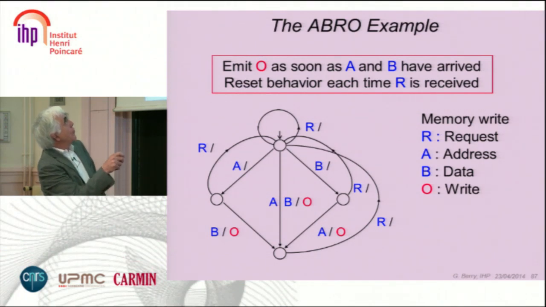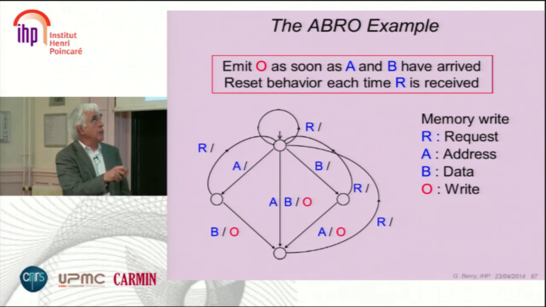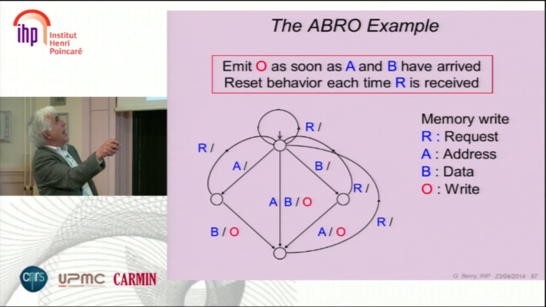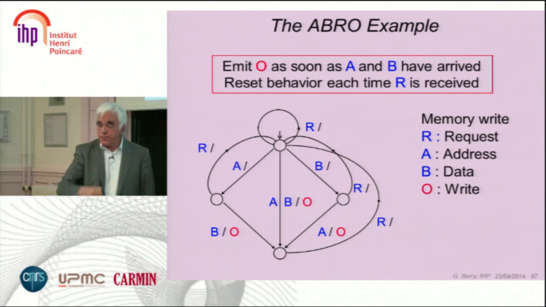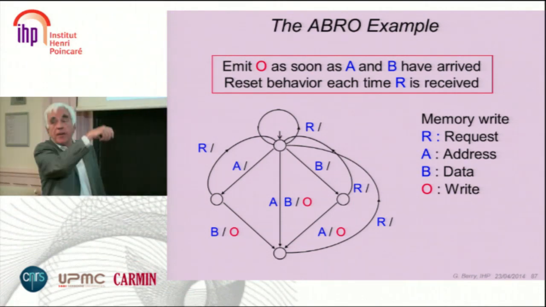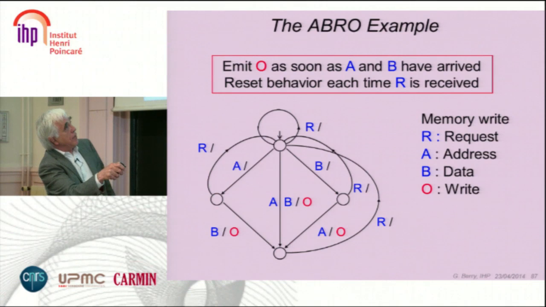Essentially, wait for the last of A and B, and then emit O in the same cycle if you are in hardware. And whenever you have an R, which is reset, you go back to the first state. So this is what everybody would write. And this is for example, in memory write, R is request, A is address, B is data, and write.